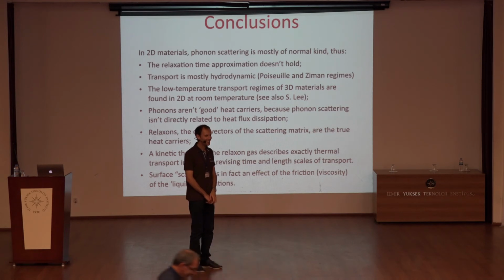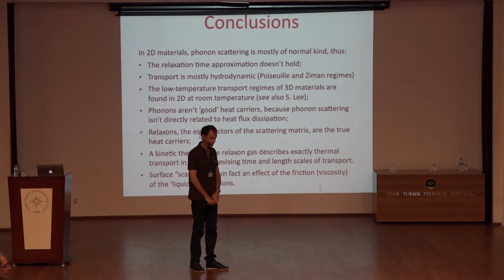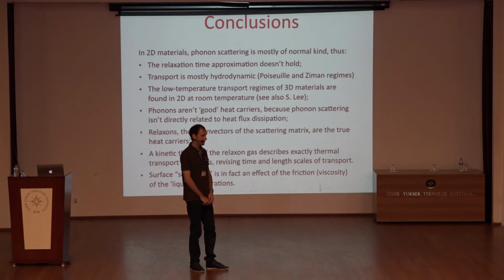My first question is, when you consider the surface effect in the scattering, you show that your model can predict higher thermal conductivity than just simple homogeneous boundary scattering, right? So can we go back to the slide?